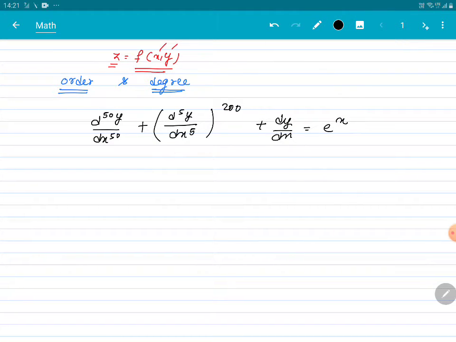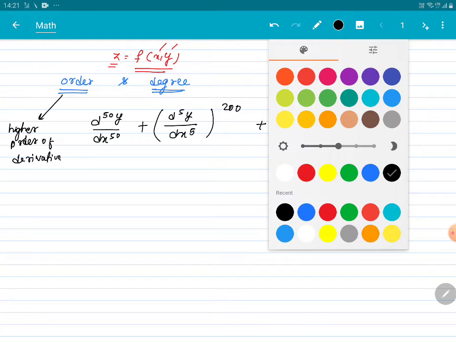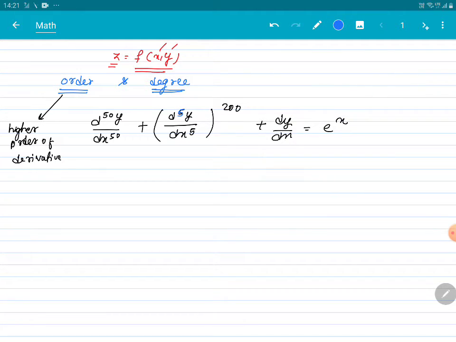What is the order here? Order means the highest order of derivative. You have to check what the highest derivative is. One term has the fifth derivative, this one is the 50th derivative, and this one is the first derivative. So the highest order is 50.